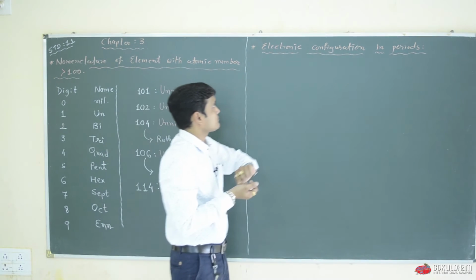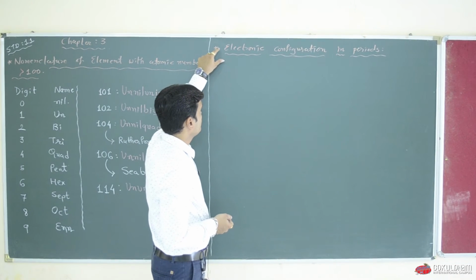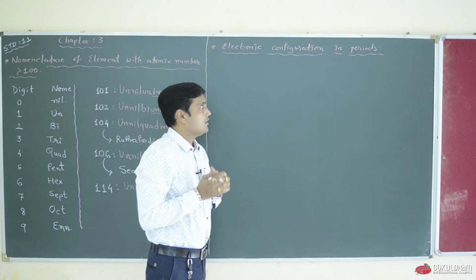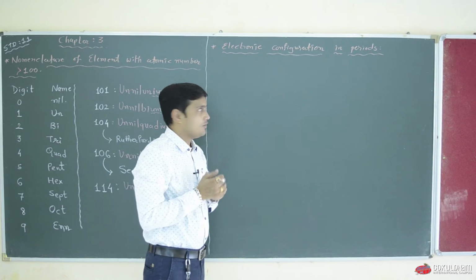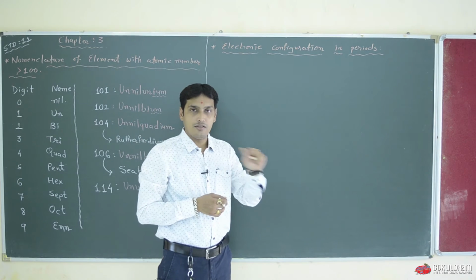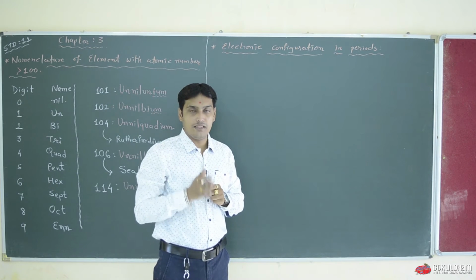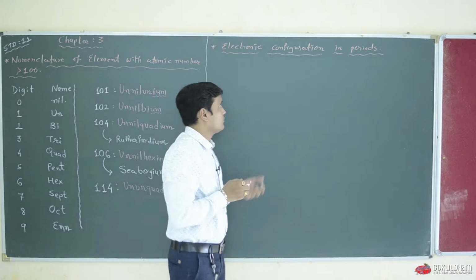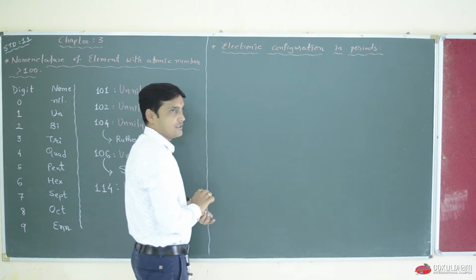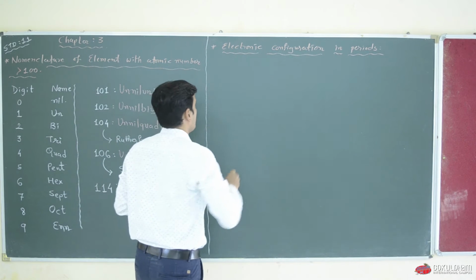Now we are going to discuss electronic configurations in periods. You know, my dear friends, a period means a horizontal line and a column or group means a vertical line. I am going to explain this electronic configuration in a very easy manner.